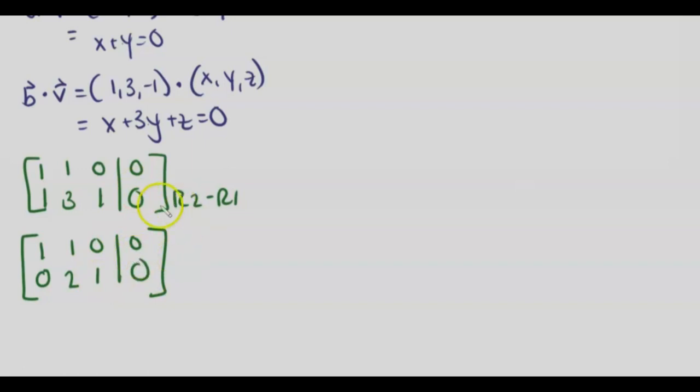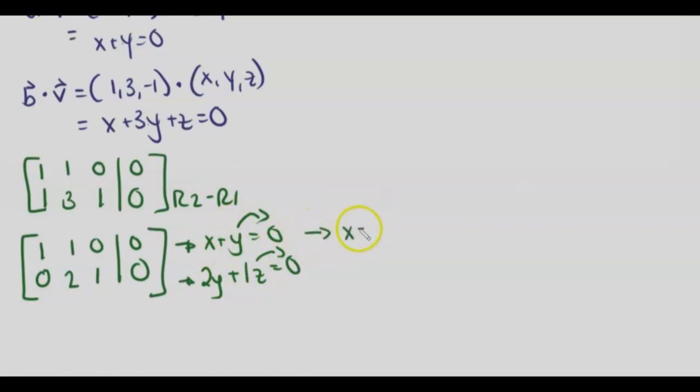So if we were to rewrite the equations, we would still get x plus y equals 0, and then 2y plus 1z equals 0. Rearranging these, we bring over the y and the z, and we get x equals negative y, and 2y equals negative z.